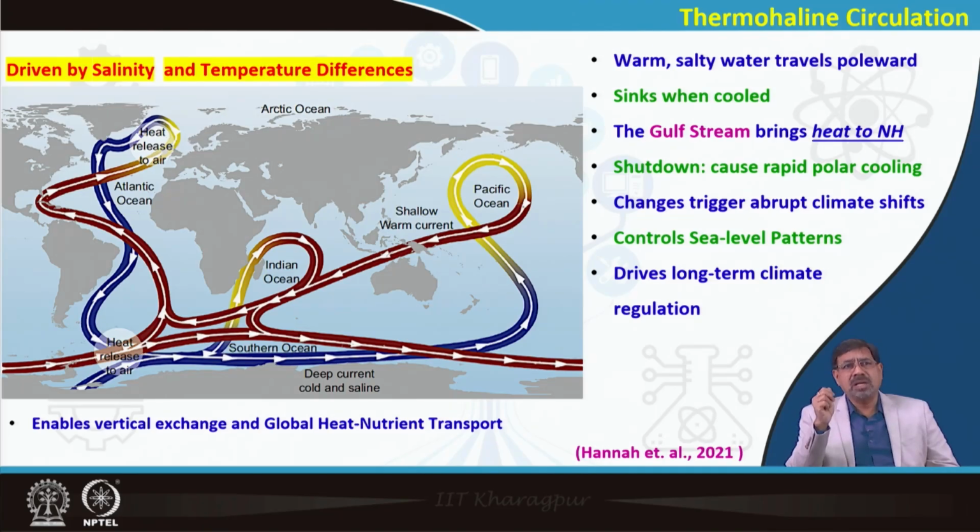So these two drivers lead to the salinity and temperature difference and also a gradient as far as the globe is concerned. That is explained by the term thermohaline circulation.